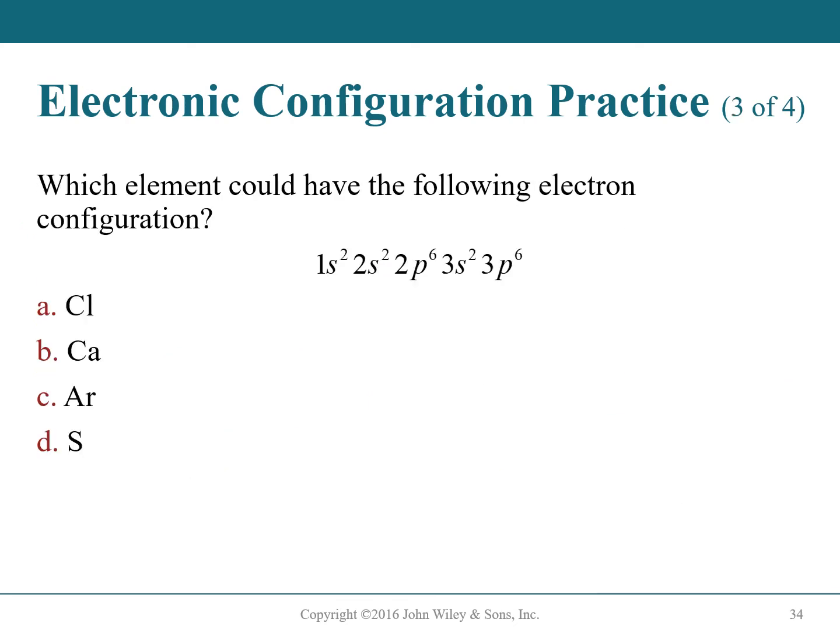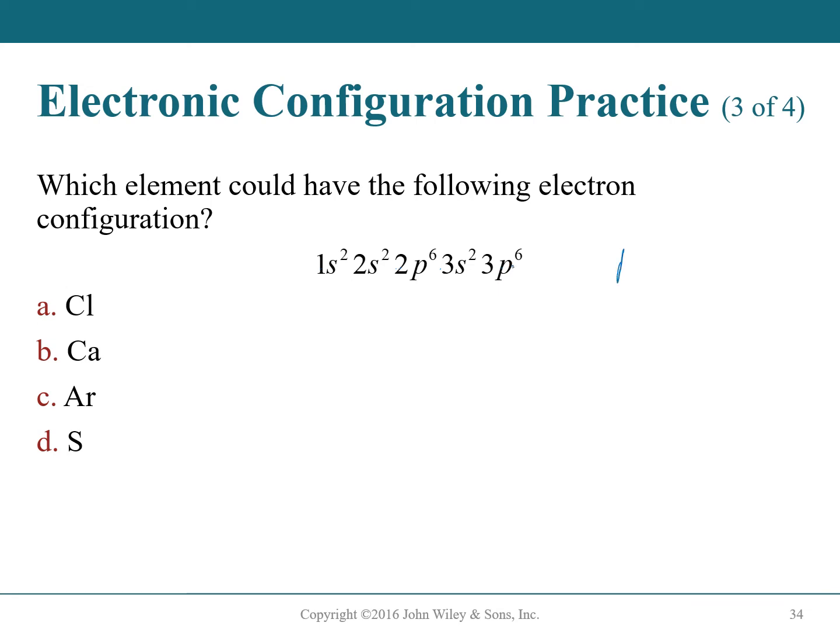Okay, so what element has the following electron configuration? 1s2, 2s2, 2p6, 3s2, 3p6. So this goes through hydrogen, helium, lithium, beryllium, boron, carbon, nitrogen, oxygen, fluorine, neon. Oh, we have sodium, magnesium, aluminum, silicon, phosphorus, sulfur, chlorine, argon.